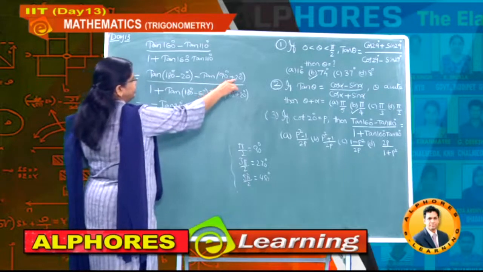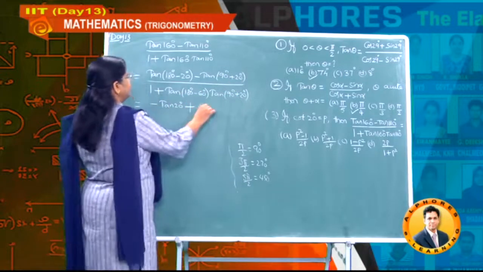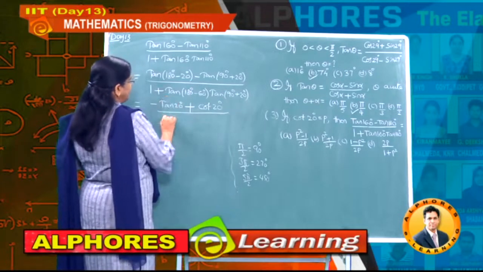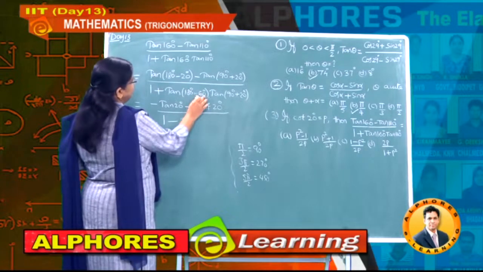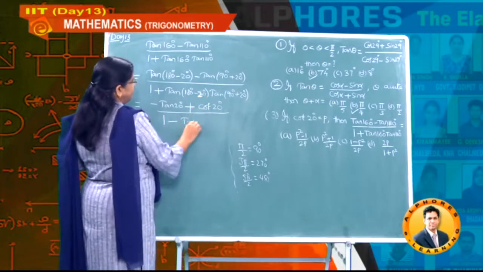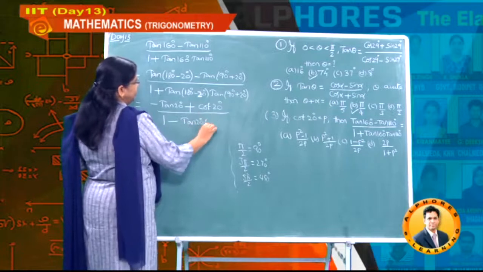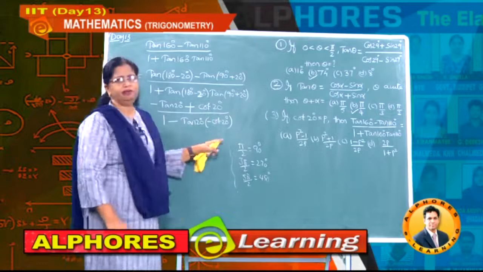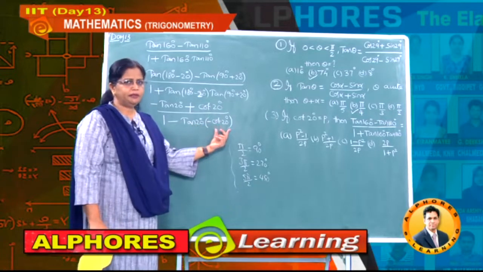But 90 plus is in which quadrant, students? It is in the second quadrant, and hence this value is minus cot 20 degrees, divided by the denominator 1 plus, same concept: tan of (180 minus 20) gives minus tan 20, and this value is minus cot 20. Got it? Whenever you get a minus symbol in a product, better put a bracket.